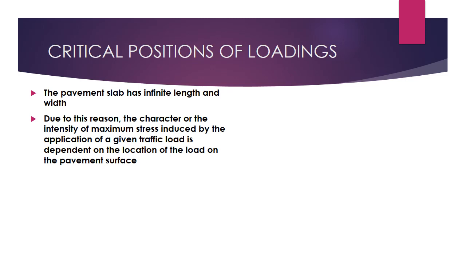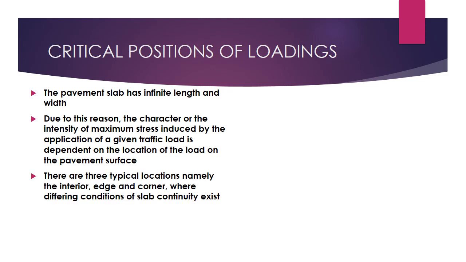So we need to know the location of the loading on the pavement surface in order to find out the maximum stress. Let us see a pictorial representation of the pavement, in which we will try to locate the different loading positions.